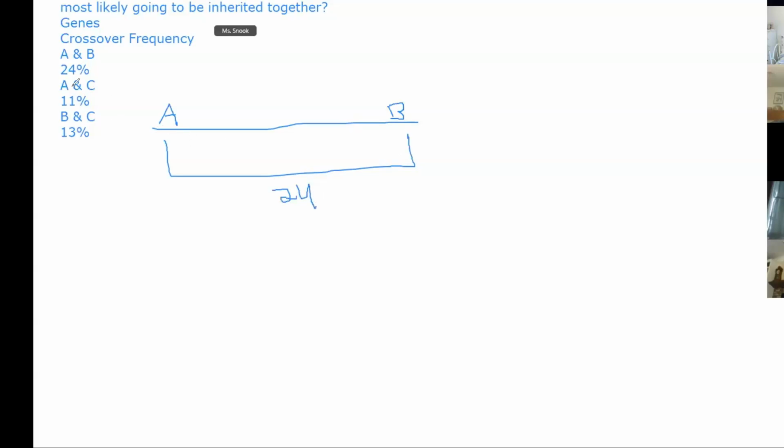If A and C are 11% different, so they're 11 units apart, I have to decide: is C to the left of A or is C to the right of A?